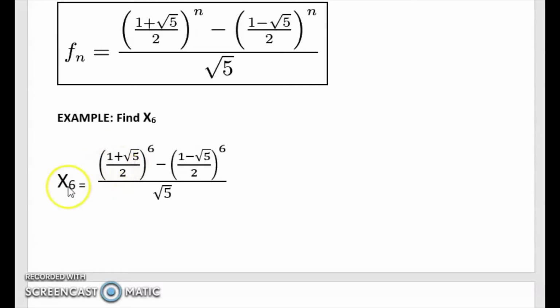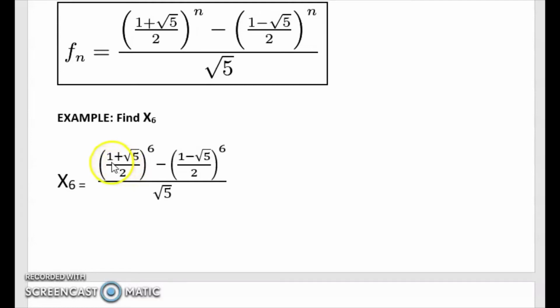So to get the sixth term: 1 plus the square root of 5, divided by 2, to the power of 6, which is the sixth term, minus 1 minus the square root of 5, divided by 2, to the power of 6, divided by the square root of 5. To simplify, class, always remember that we always begin by simplifying the values inside the parentheses.